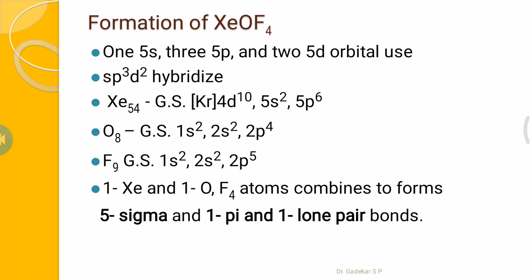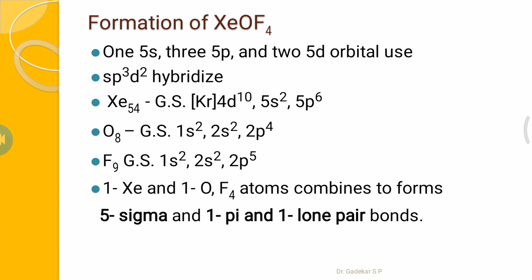So what is the electronic configuration? Valence shell electronic configuration of xenon: 4d10, 5s2, 5p6. This is the ground state electronic configuration of xenon. What is the ground state electronic configuration of oxygen? 2s2, 2p4.